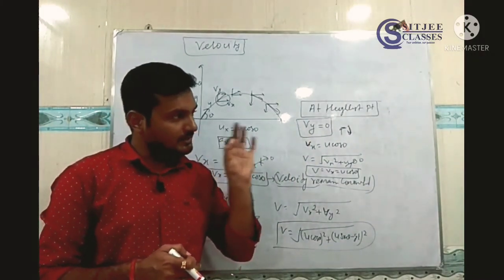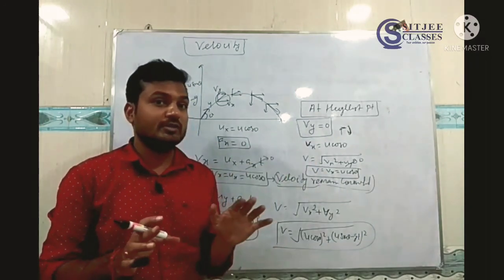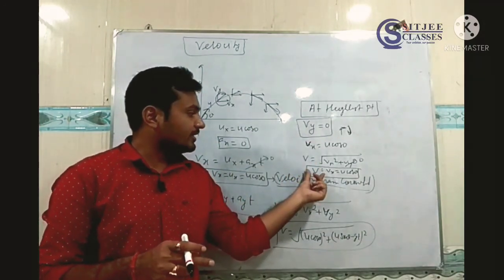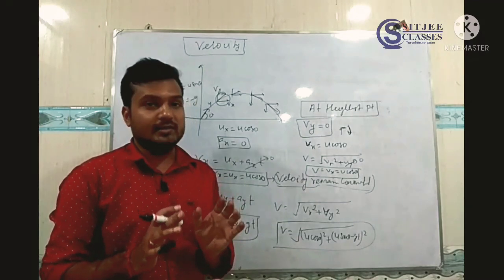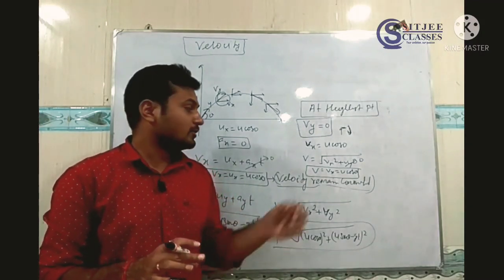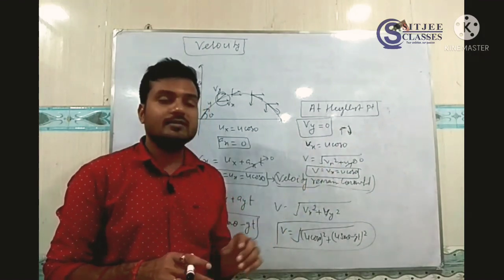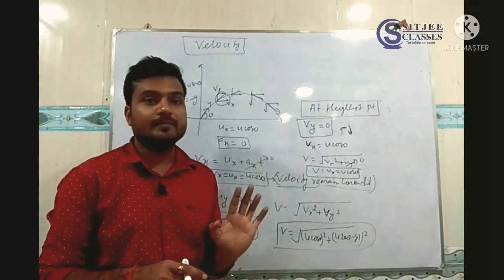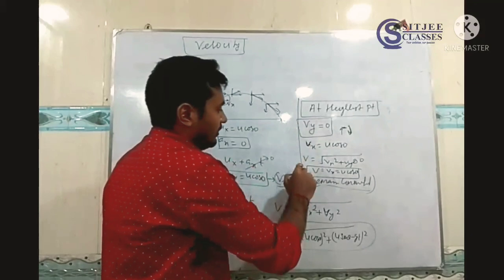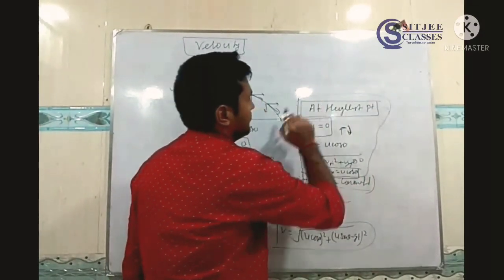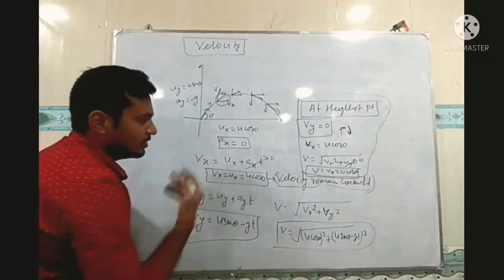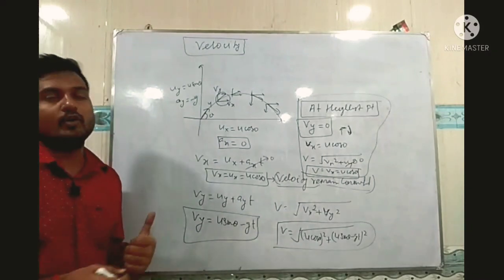Okay, x direction velocity will always be there, that is not going to change. Alright, so when I talk about velocity, I mean net velocity. It's neither x nor y, it is a combination of x plus y. So y you put 0, automatically you get the answer x. So this is your net velocity. Okay, so this is applicable only at highest point. In general, this is your velocity. Clear? Okay, copy.